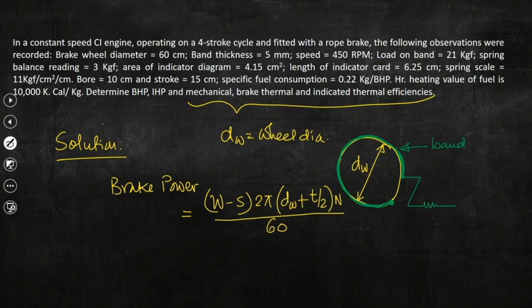So, T is the band thickness, dW is the brake wheel diameter, and S is the spring balance reading.